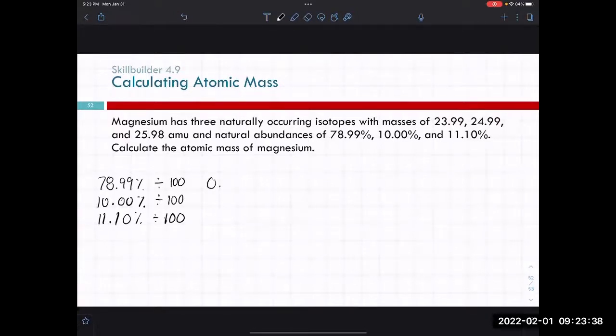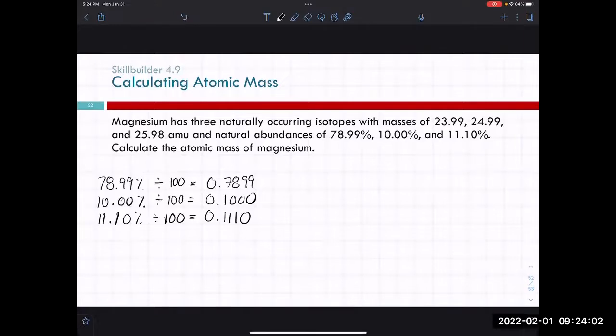So we'll get 0.7899, 0.1000, and 0.1110. So by dividing by 100, we just move the decimal places over 2.